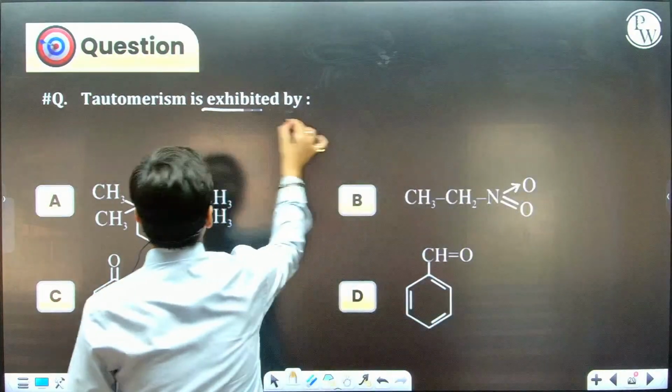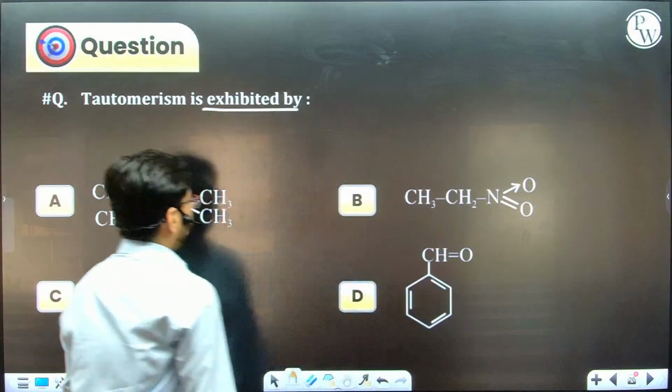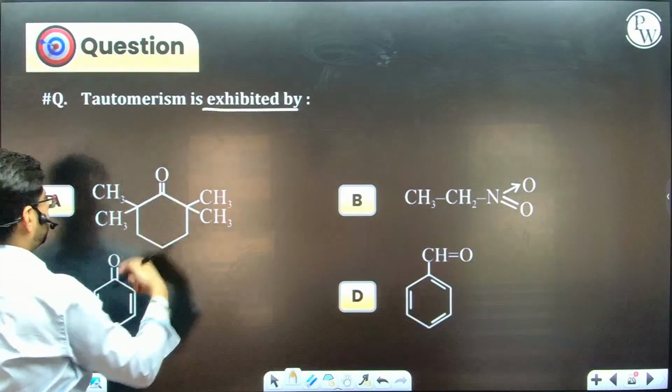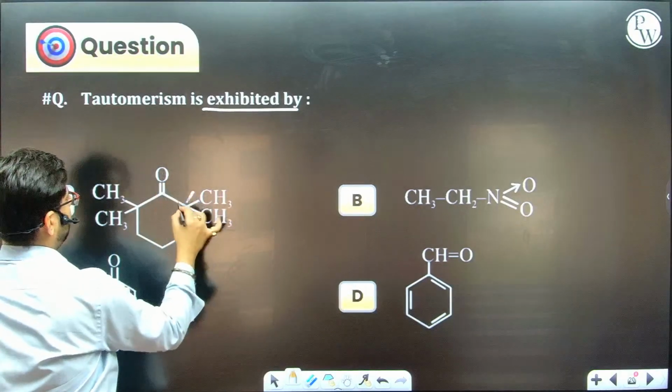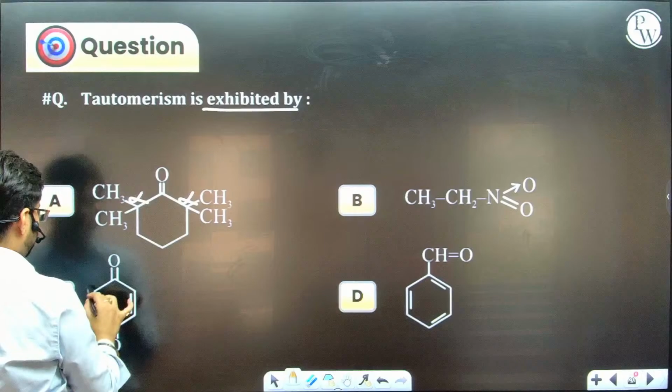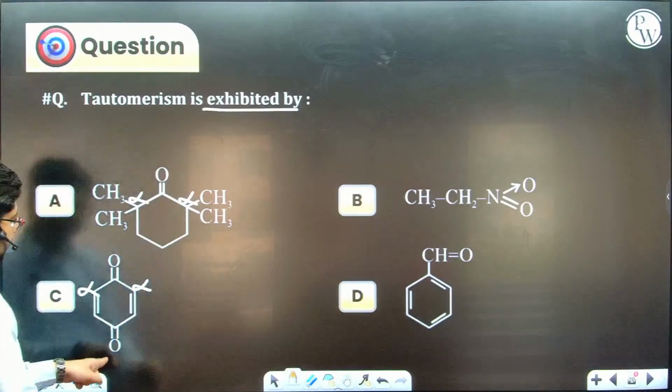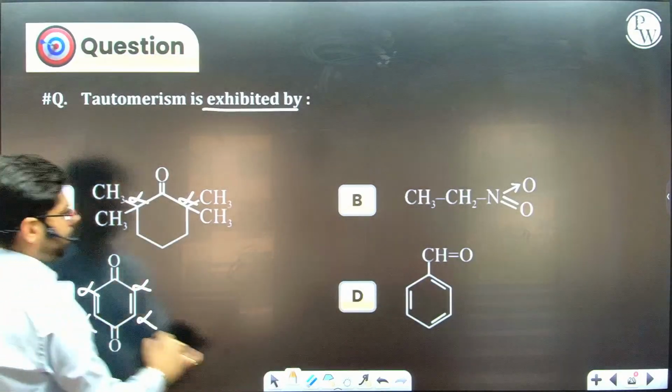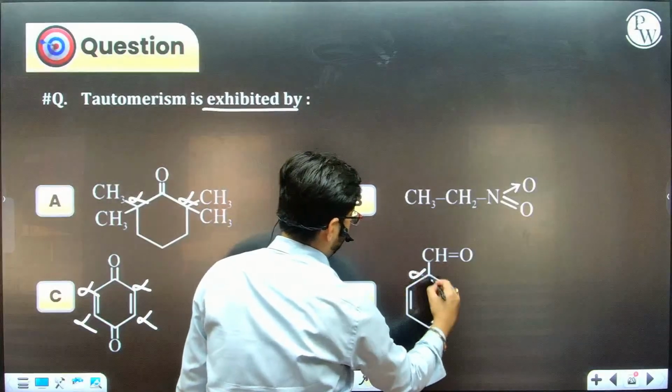Tautomerism is exhibited by. Now for tautomerism, see the aldehyde or ketone. So here we have a ketone, this is alpha carbon, this is alpha carbon. Here again ketone, this is alpha carbon, this is alpha carbon, this is again a ketone, alpha carbon, alpha carbon. This is an aldehyde, this is an alpha carbon.